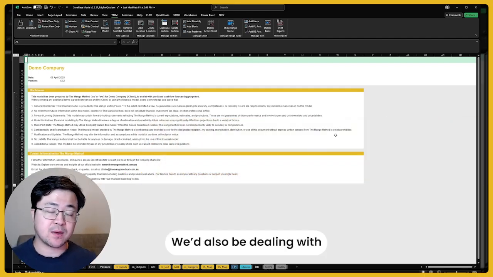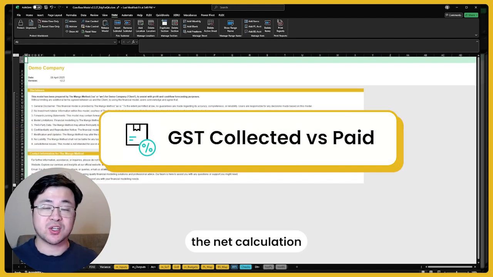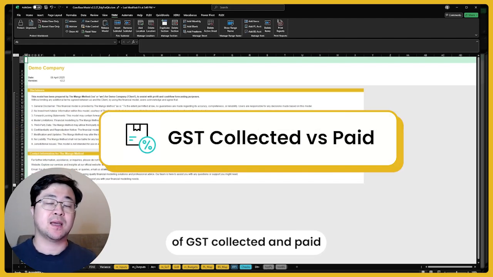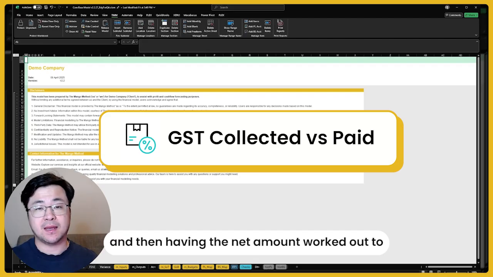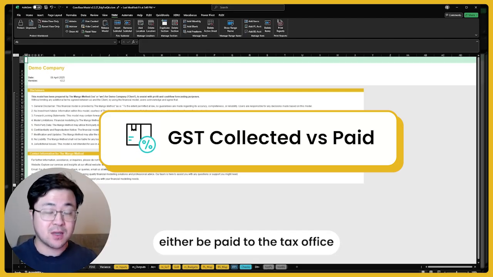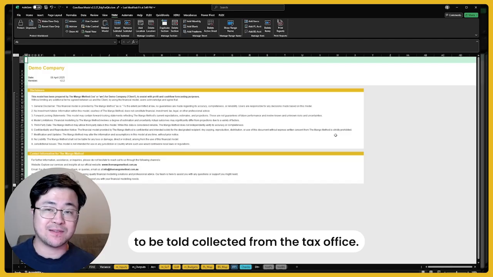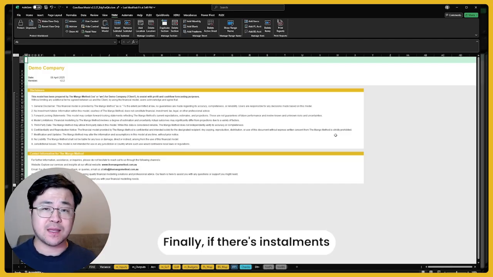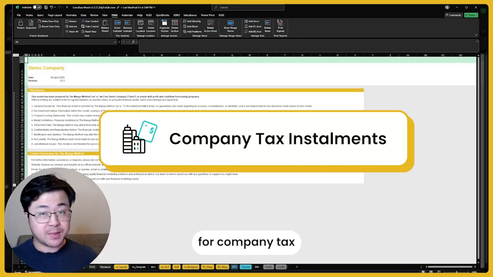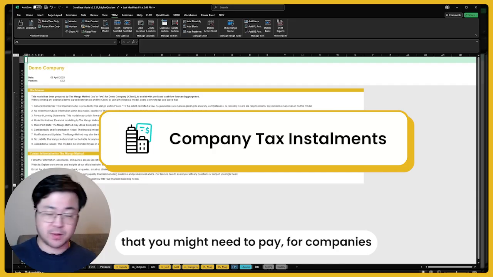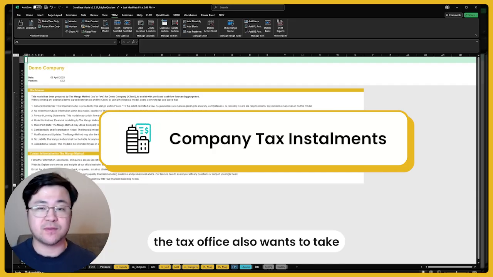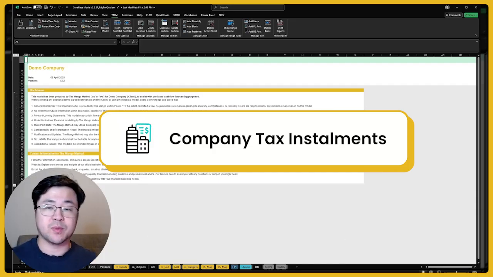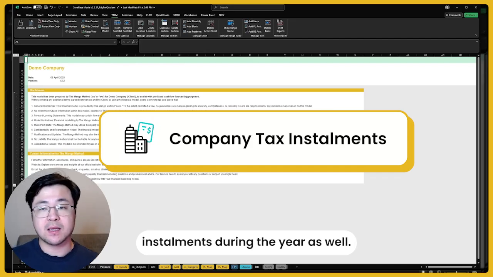We'd also be dealing with the net calculation of GST collected and paid, and then having the net amount worked out to either be paid to the tax office or a refund to be collected from the tax office. Finally, if there's installments for company tax that you might need to pay, if companies are profitable, the tax office also wants to take its installments during the year as well.